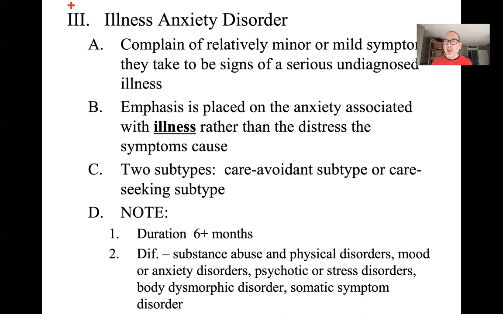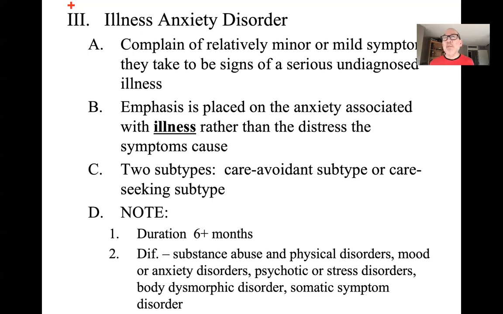With illness anxiety disorder, it also may serve a function. There are two different subtypes, each with its own function. One is to avoid any kind of care: they're so afraid that it's cancer that they'll stay away from physicians and what have you.